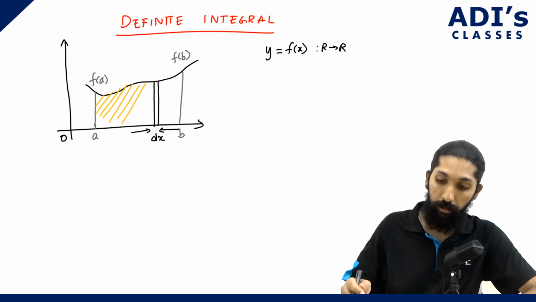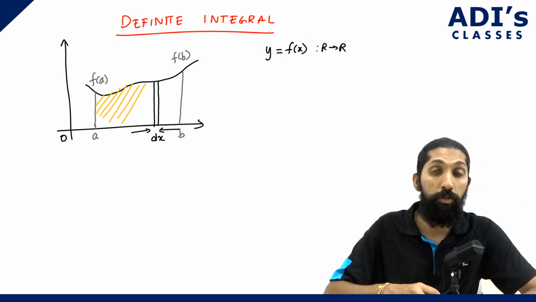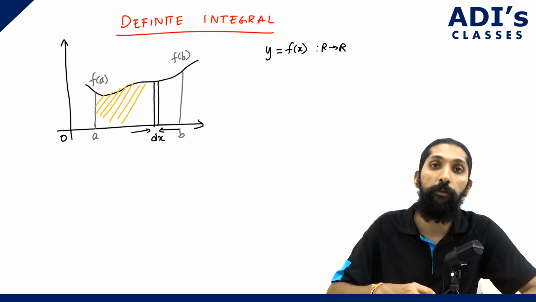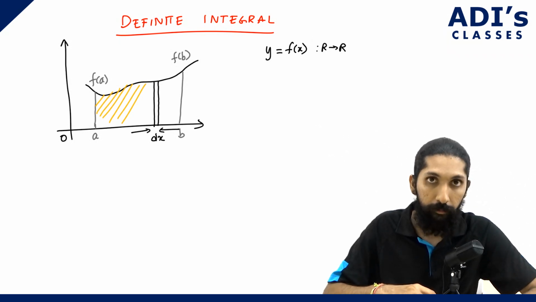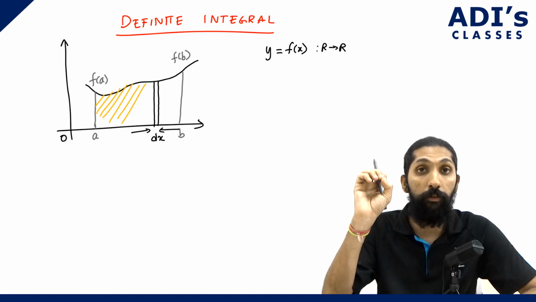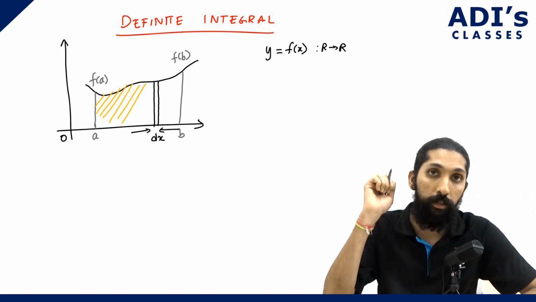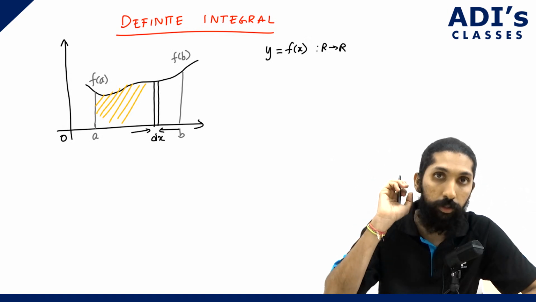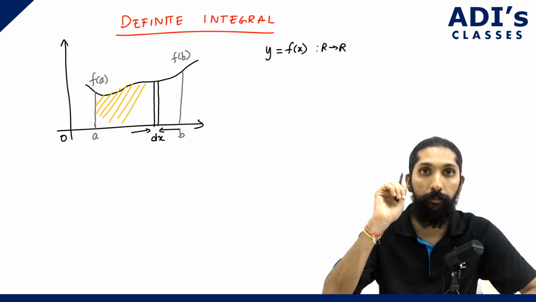Now, the indefinite integral used to give us some particular function when you integrate, correct? Whereas definite integral is going to give you the area under the curve of whatever function you are going to take.